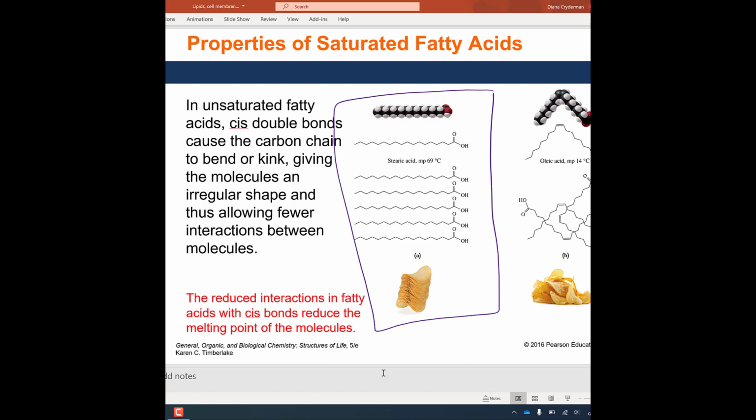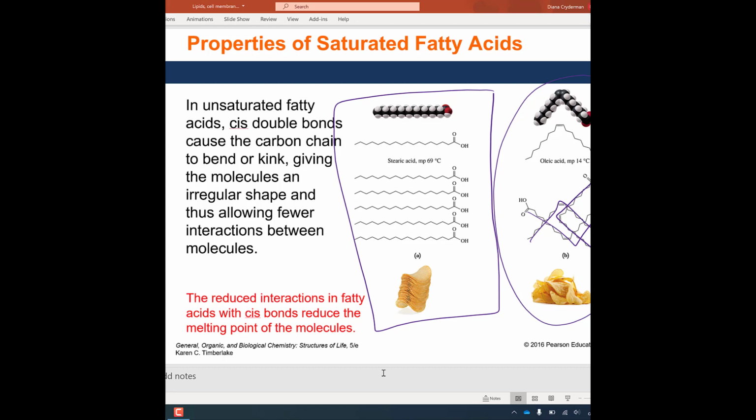So if we look at oleic acid over here, you can see kind of this mess. They would really have to perfectly line up. Now, if I'm stacking these and I'm forcing them to line up, I could do it, but this is just biology and this is chemistry and this is just happening in our cells.